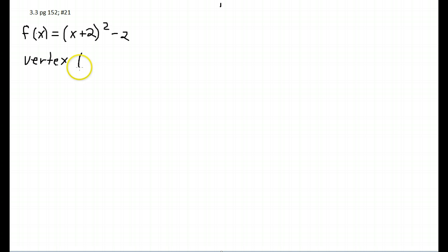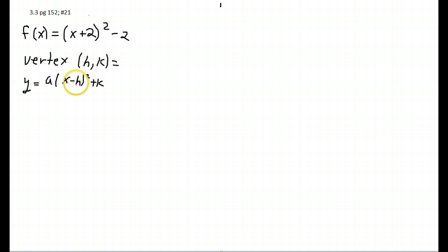Alright, the vertex is always (h, k). This is in the form of y equals a times (x minus h) quantity squared plus k.